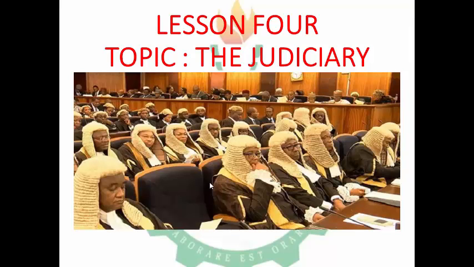Then don't forget the collegial executive as well, where all the executive members are seen as equal in the cabinet. So there is no superior and no subordinate. They are all equal in whatever decision is to be made.